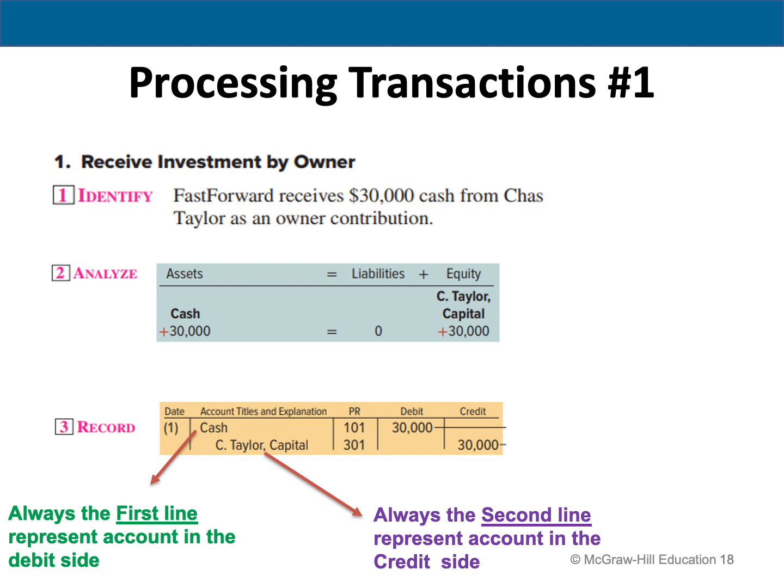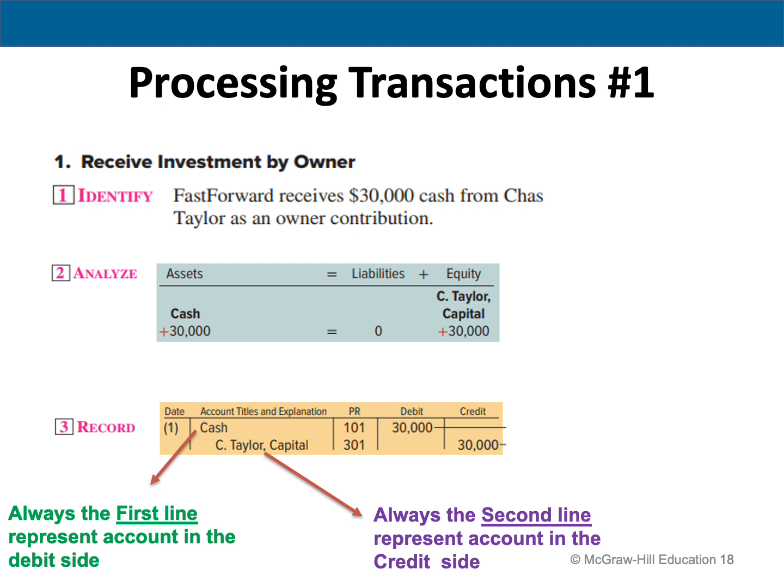So remember, when you are recording the journal entry, it includes two lines. The first line represents the account that should be recorded on the debit side. And in the second line, you should record the account that represents the credit side.